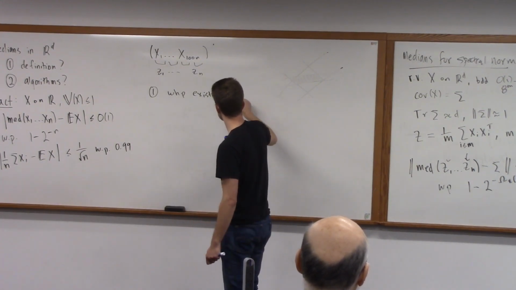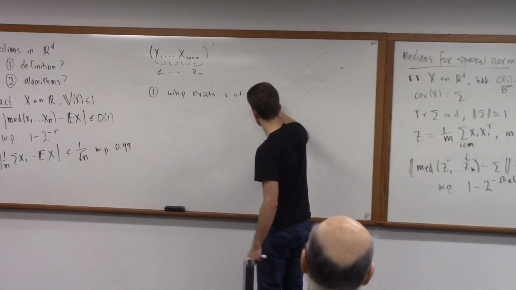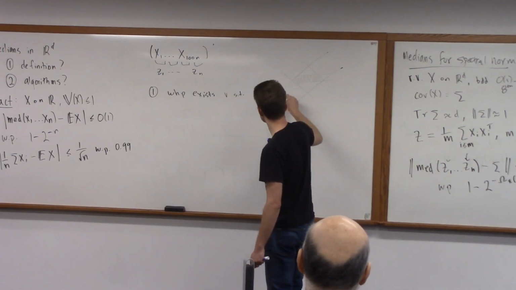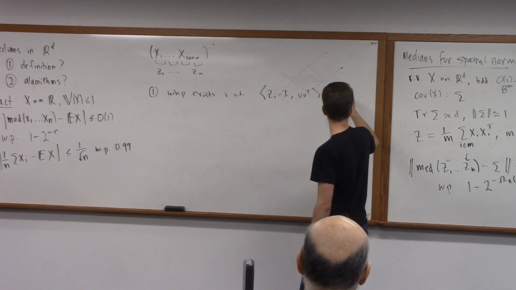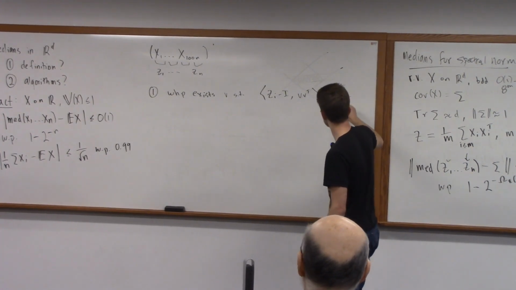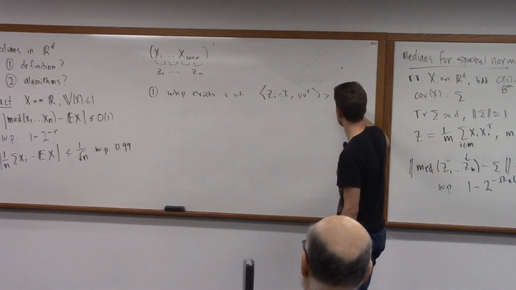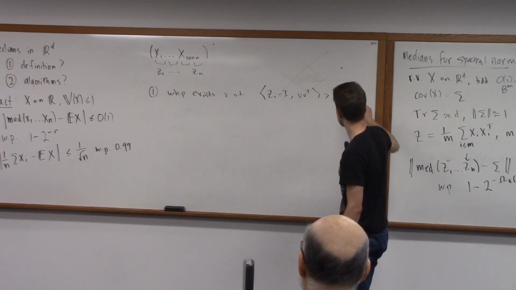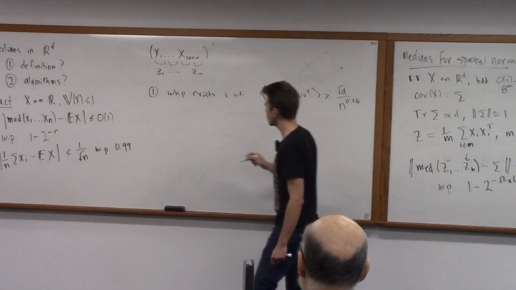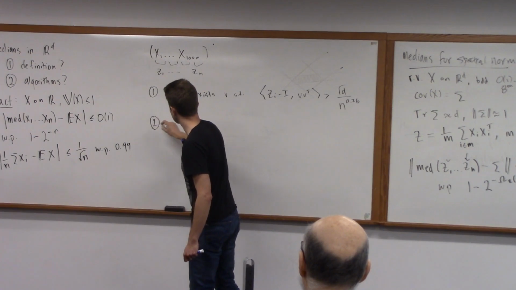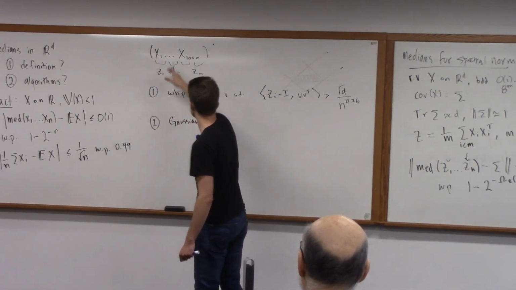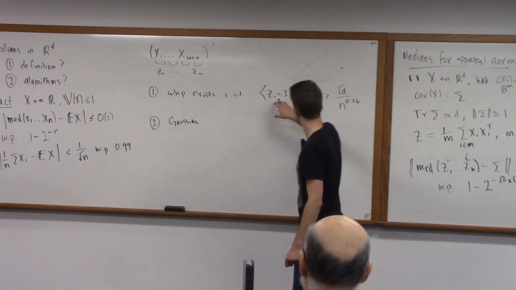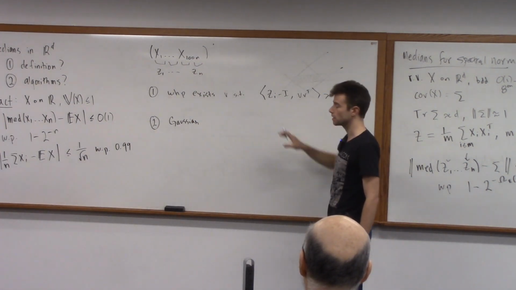some vector v such that zi minus identity at VV transpose is greater than root d over something a little bit smaller than n to the 1/4, 0.26, let's say. And the other distribution is just like Gaussians everywhere, and it turns out you can show that this doesn't happen for Gaussians.